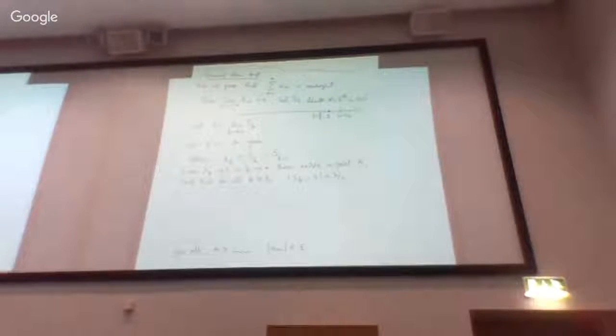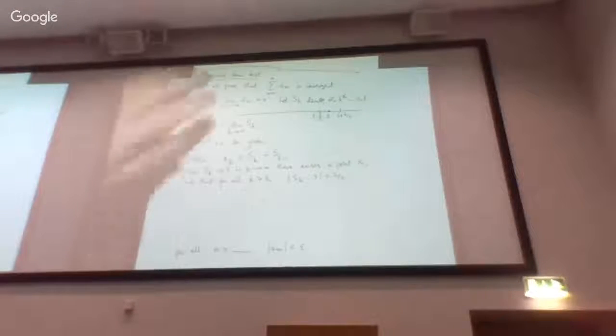I know the capital K exists because I know the sequence of partial sums is convergent to S. I've chosen strategically the radius of epsilon over 2 to use. Remember, I'm trying to control the size of ak, of the term of the original series. So if I can control the diameter of that interval, and I know that that diameter is equal to epsilon, then I know that the values of these terms, ak, will be less than epsilon.